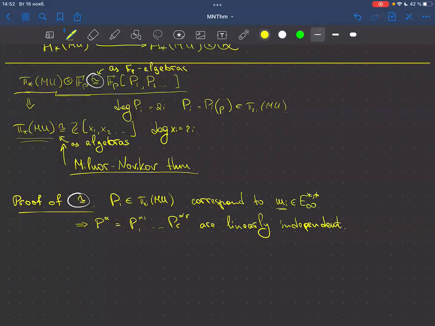So actually we have only to check that they generate the mod p complex Bordism ring.